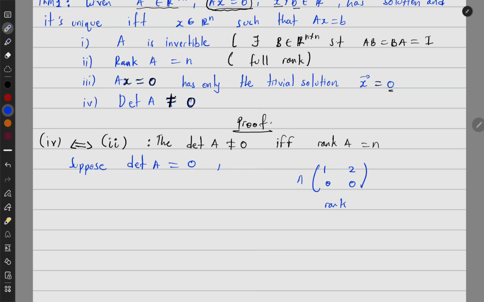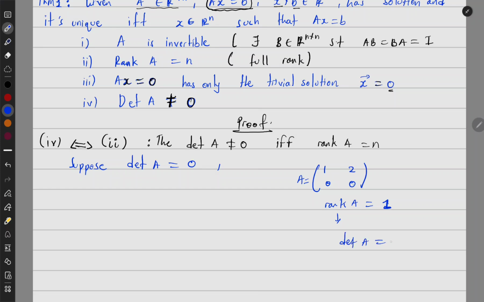Let's say this is A. The rank of this matrix A is 1, because the rank is basically the number of linearly independent rows or linearly independent columns. But in this case, the linearly independent row is only 1, so the rank is 1. So the moment the rank is 1, the determinant of this is equal to 0.